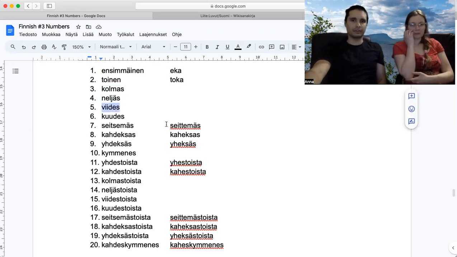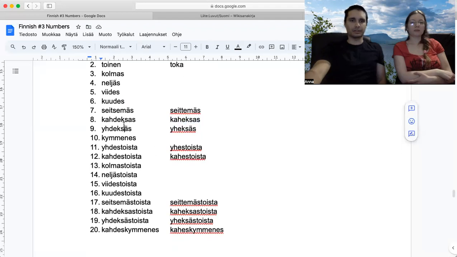Fifth, viides. Sixth, kuudes. Seventh, seitsemäs. Eighth, kahdeksas. Ninth, yhdeksäs.